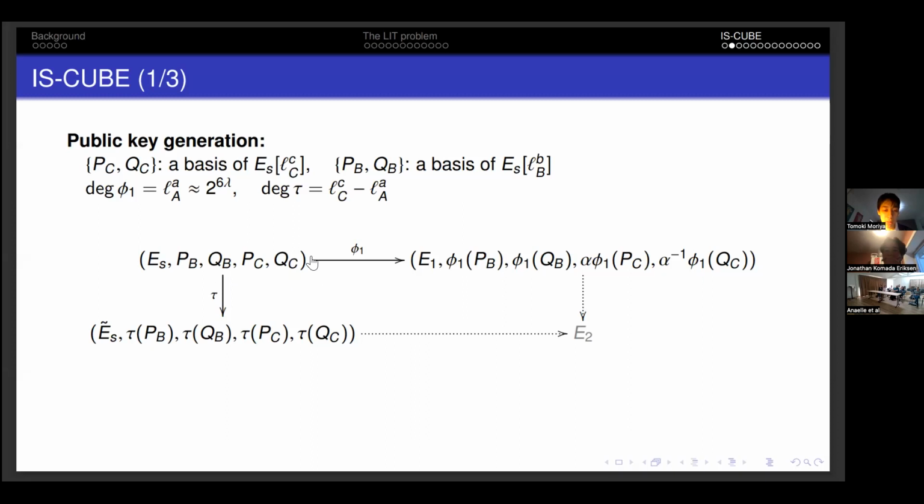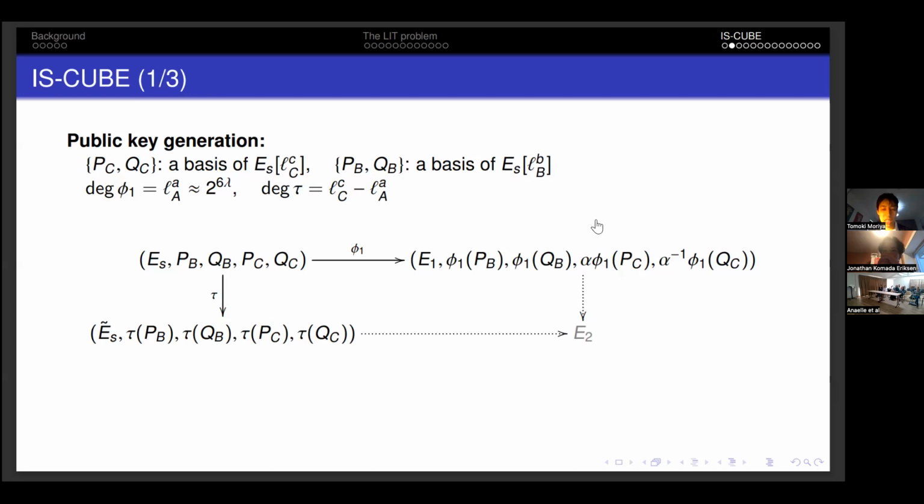And next, Alice computes the isogeny phi I, and she computes E1 and phi I PB, phi I QB, and alpha phi I PC and alpha inverse phi I QC. So she didn't mask the part of PB, QB. These are the torsion of small orders, and she masked the points of the large torsion PC, QC by using the scalar alpha.